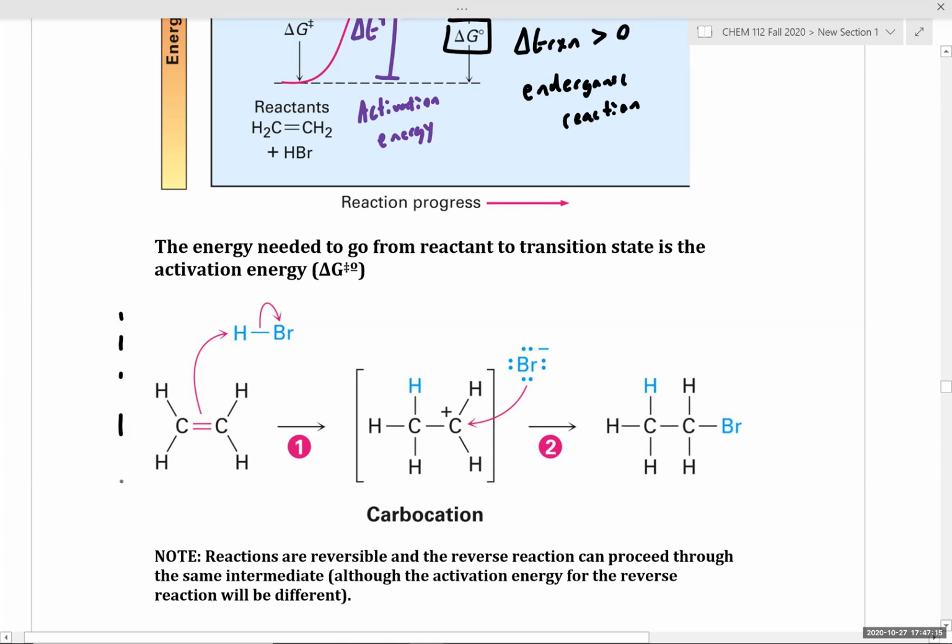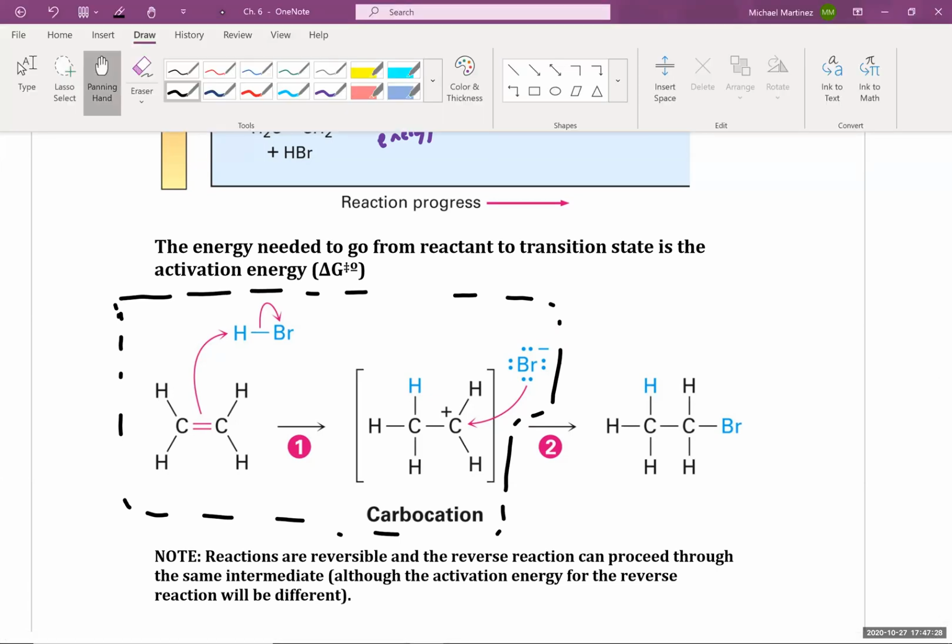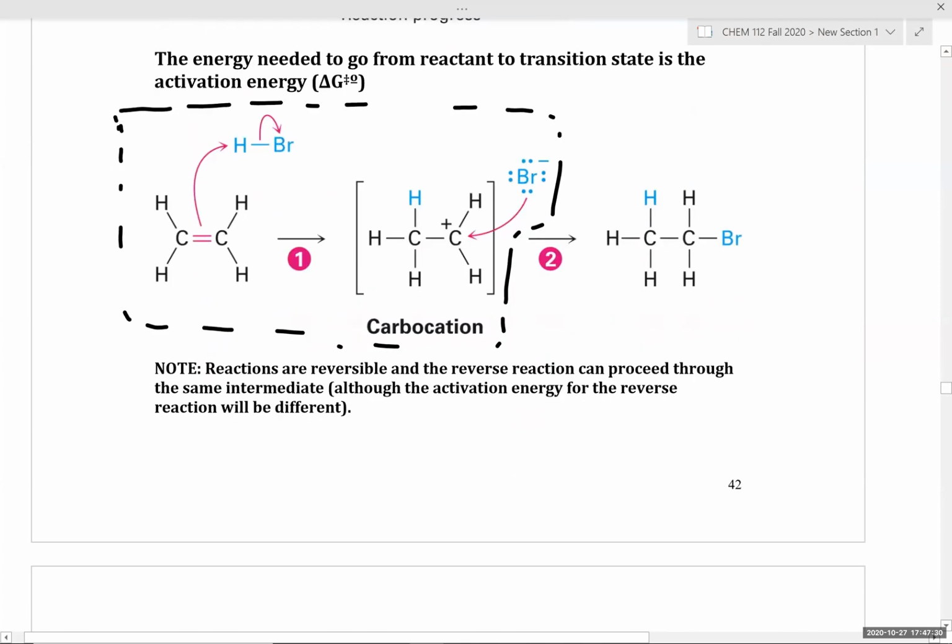We are just looking at, in the reaction coordinate, this first step. Now, I always want you to keep in mind that reactions are reversible, and the reverse reaction can proceed through the same intermediate or transition state.